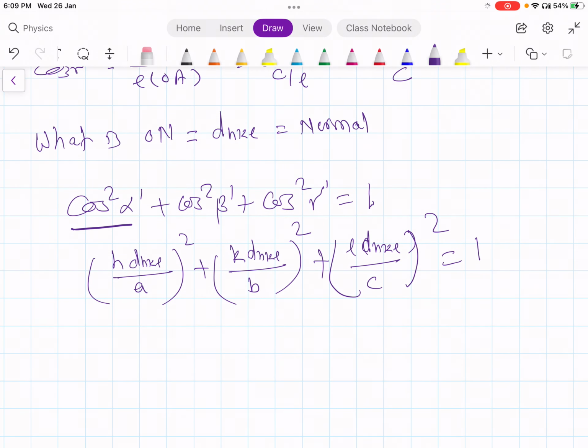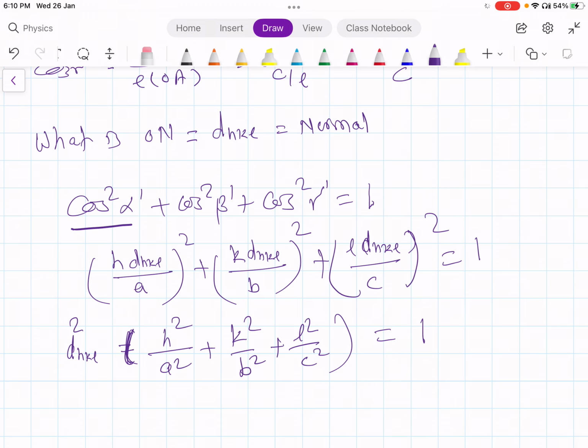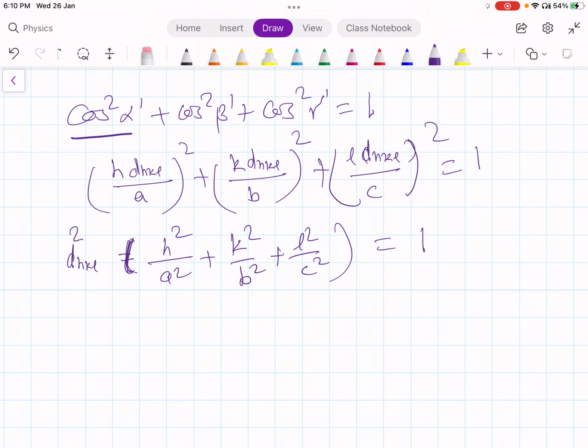We will take common here. Common would be d suffix hkl square, into bracket. Let us write this: h square upon a square plus k square upon b square plus l square upon c square, which is equal to 1.